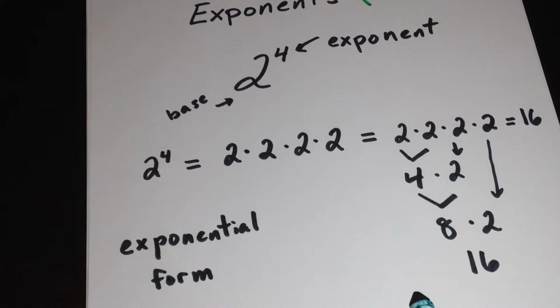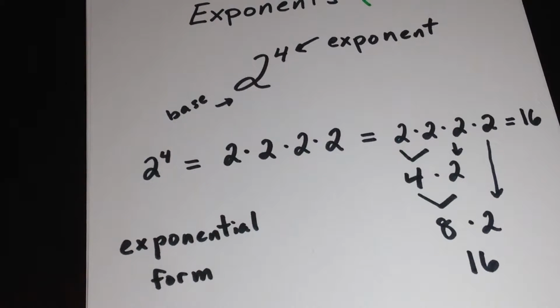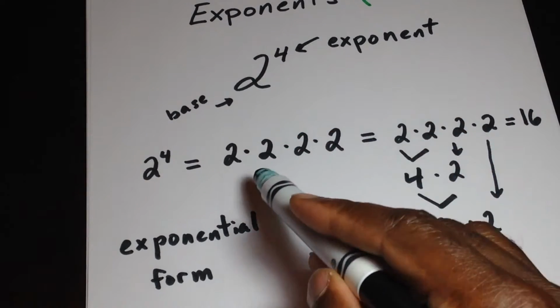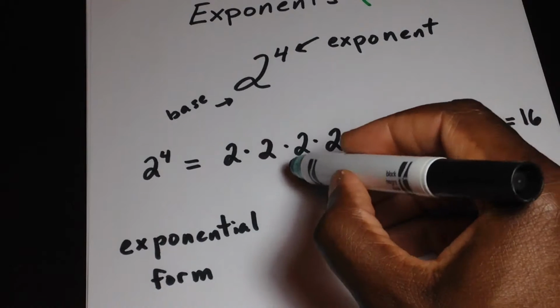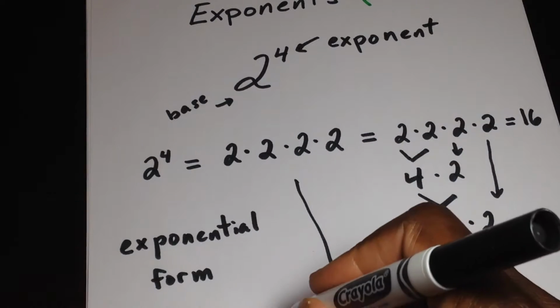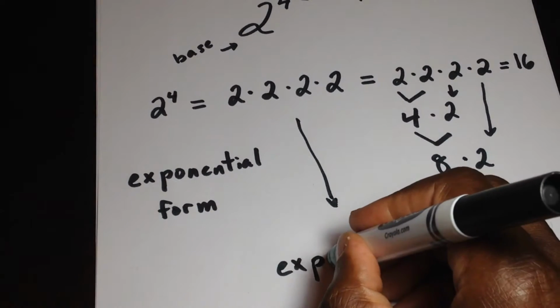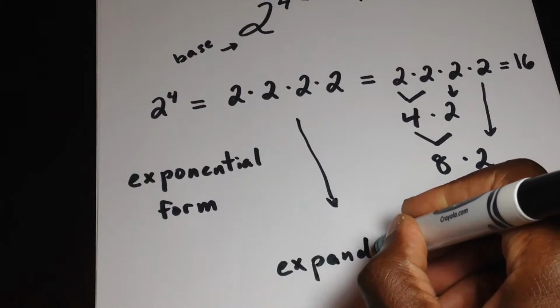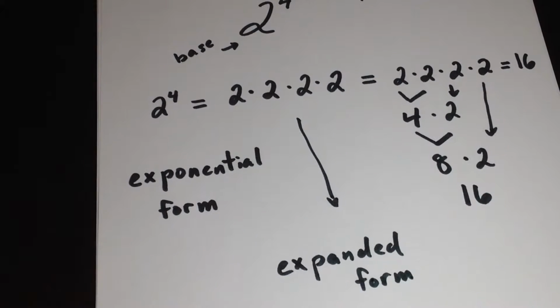It is exponential form when you find it written with the base and the exponent. When you have it written in the form 2 times 2 times 2 times 2, that's called the expanded form. Right, so now we've expanded it.